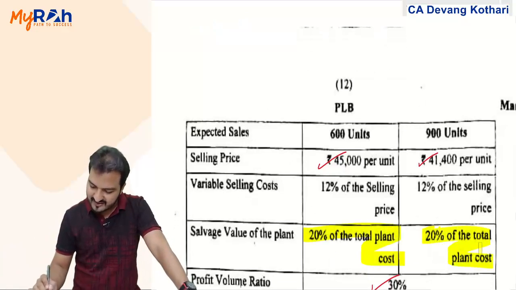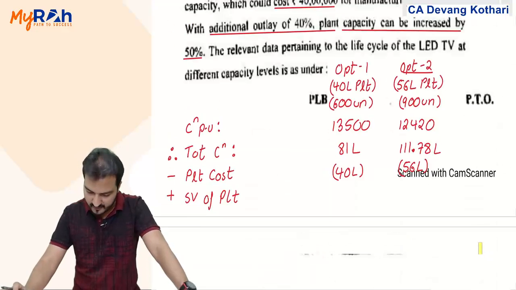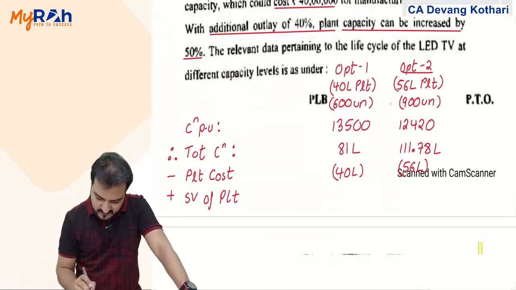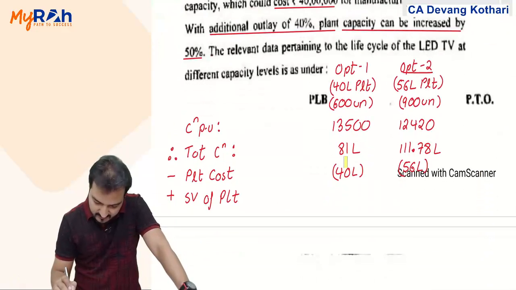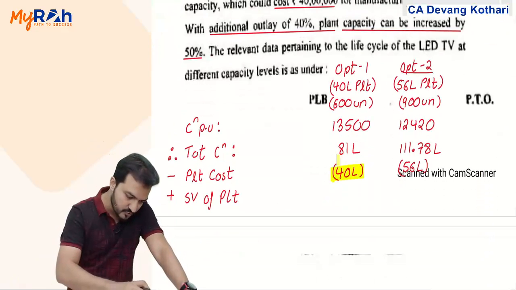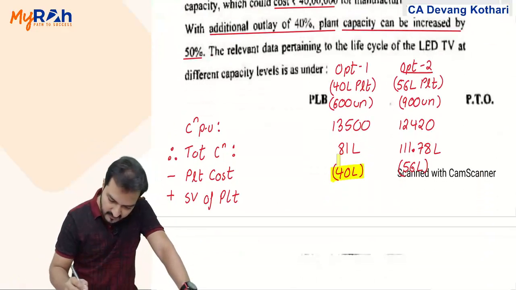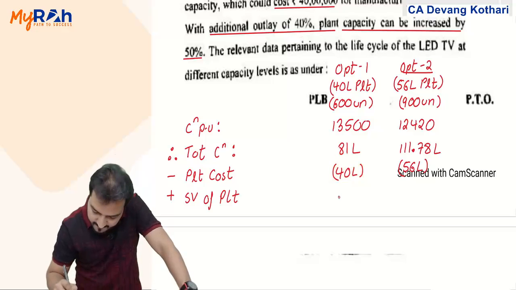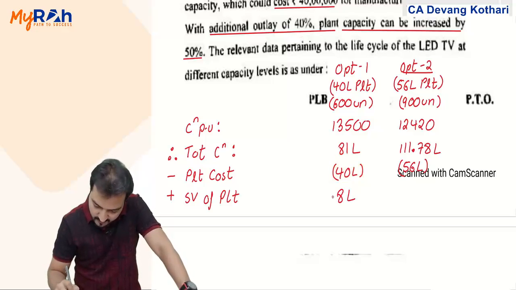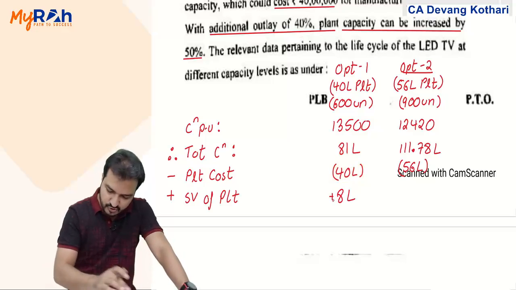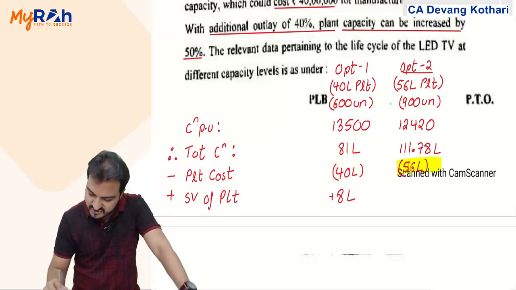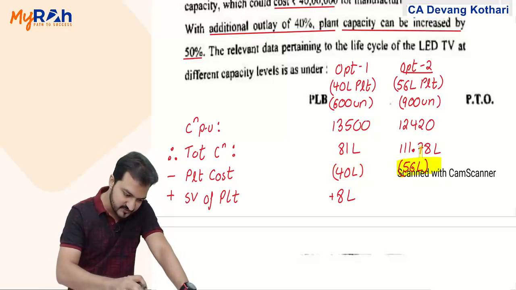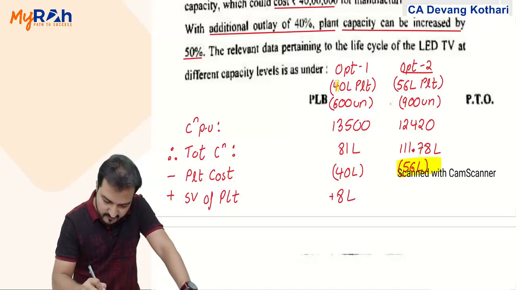Option 2 also we are getting scrap value 20% of plant cost. So option 1, scrap value is 20% of 40 lakhs, 8 lakhs. Scrap value we are earning, so positive. And option 2, you are earning 20% of 56 lakhs. 56 into 20%, 11.2 lakhs.